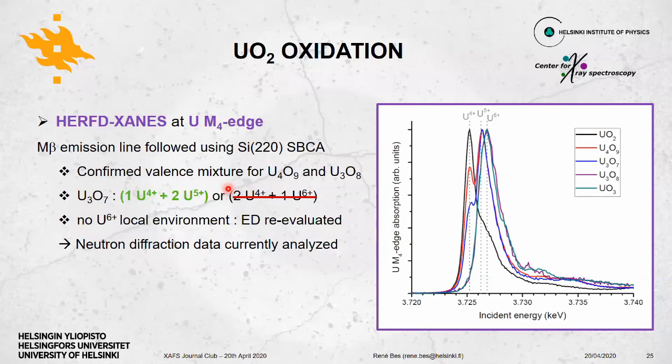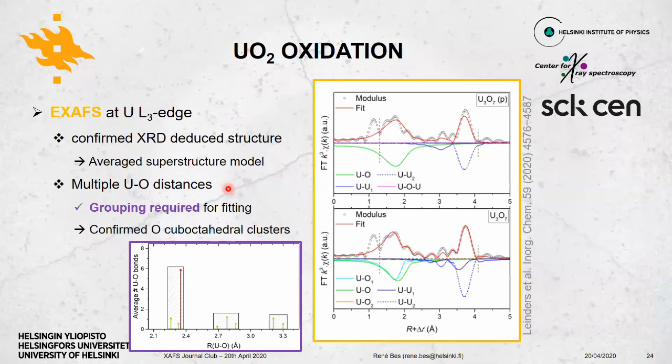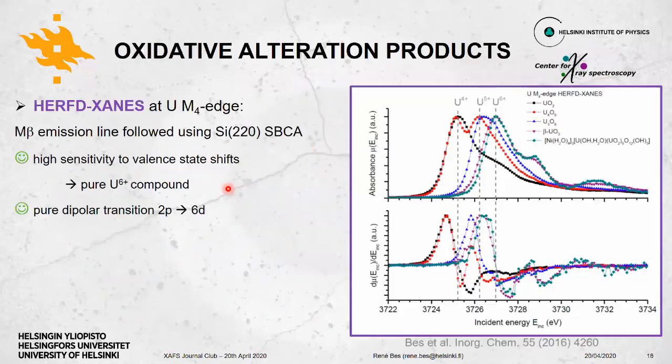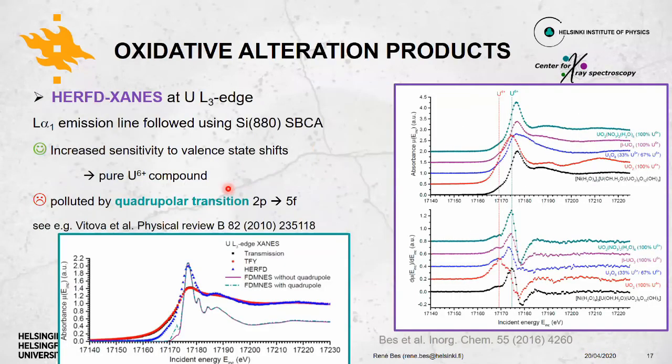Okay, yeah, the quadrupole transition is problematic in the sense that, depending on the uranium valence state, the 5f electrons will be shifted as well, as we can see on the images. Typically we have these features appearing just before the white line.